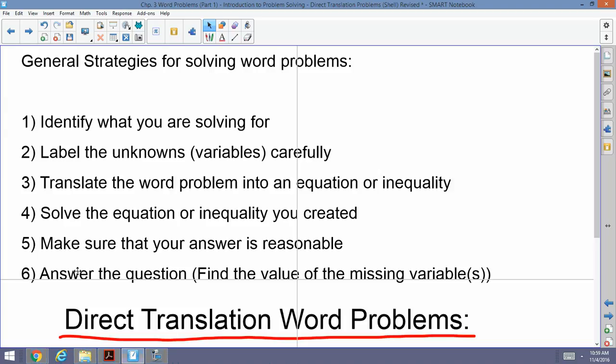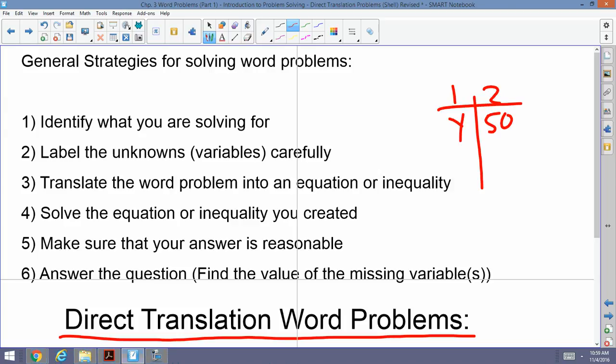Find the value of the missing variables. Sometimes you will get a solution, but that is not necessarily the answer to your question. For example, remember that 50-foot wood example? So piece 1, piece 2, this is y, this is 50 minus y.